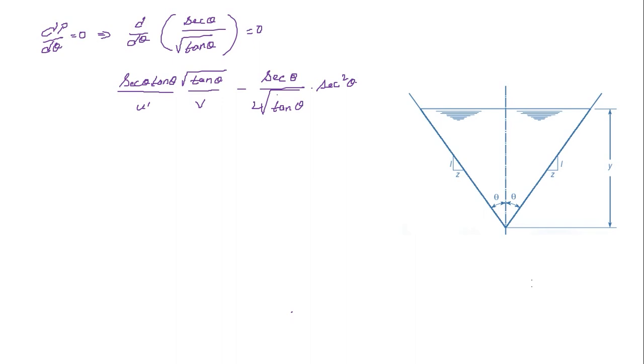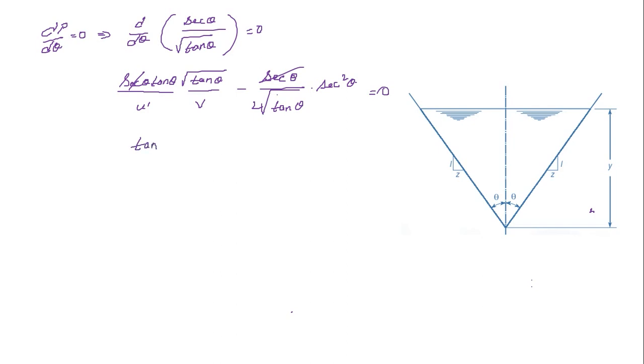Okay, so now just simplify this equation further. So what you can do is you can just take out this secant theta, and what else can you take? Yes, you can write this as tan theta, right? This is tan theta.